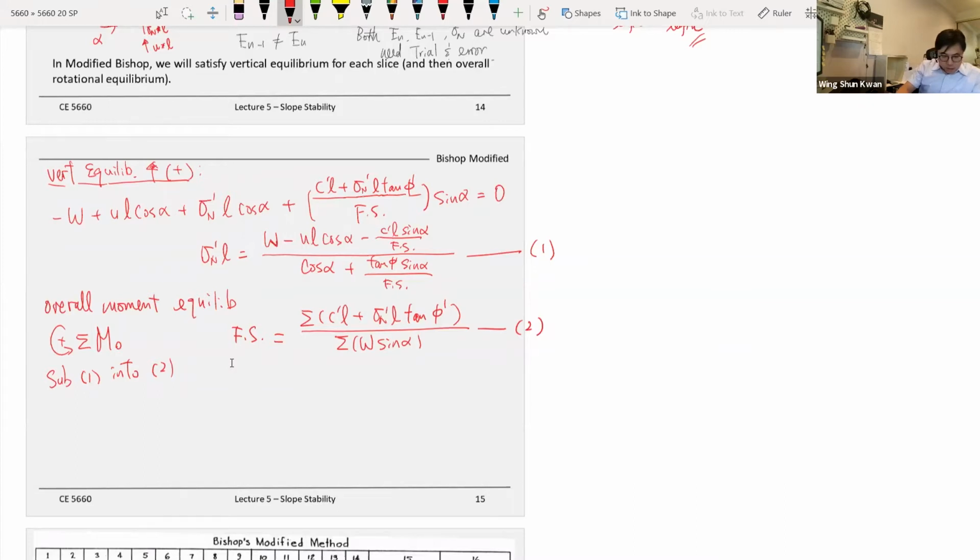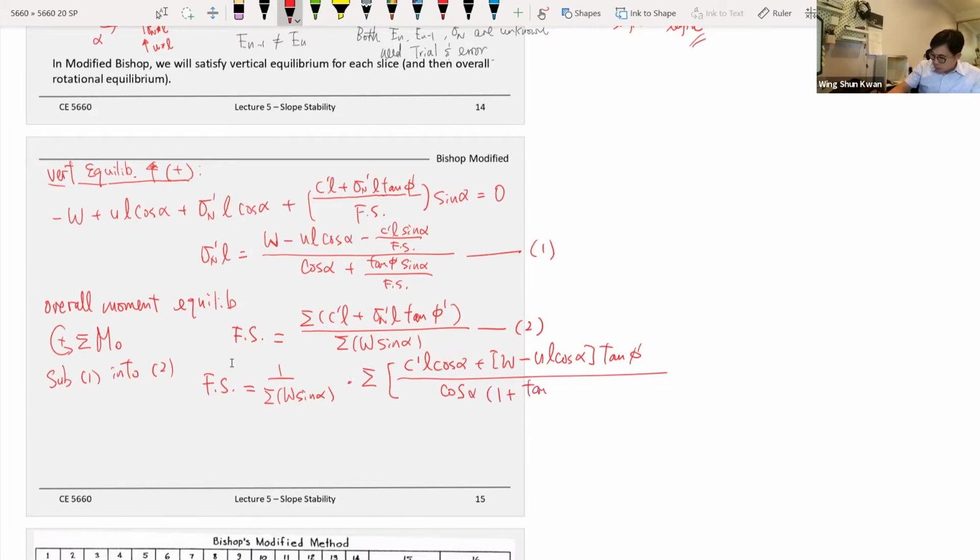The factor of safety equals to... So the factor of safety is still there.